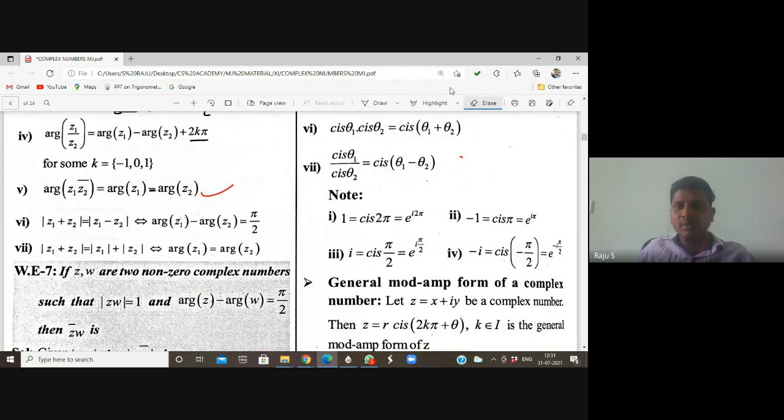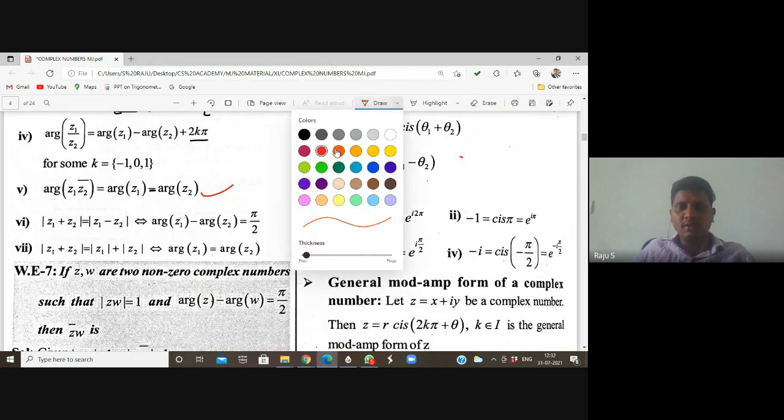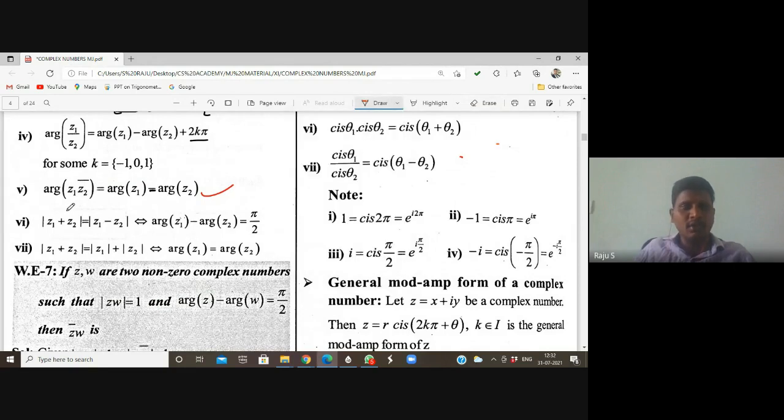So whenever you want to verify all the properties, you can take some Z1 value of your wish, any complex number like 1 plus iota, Z2 is equal to 100 plus 1000 iota, or else 10 minus 3 iota, whatever complex number you can take, and those two complex numbers should satisfy this condition.